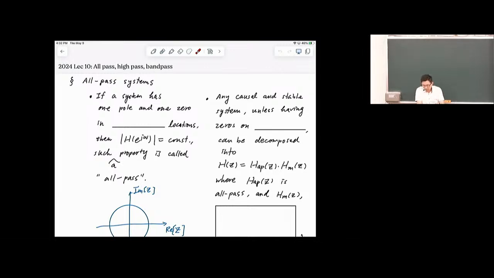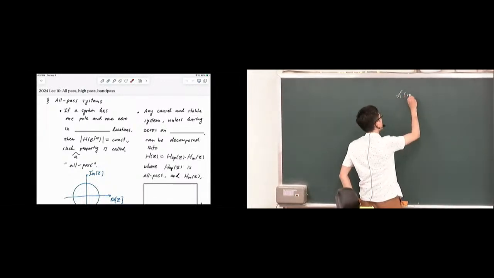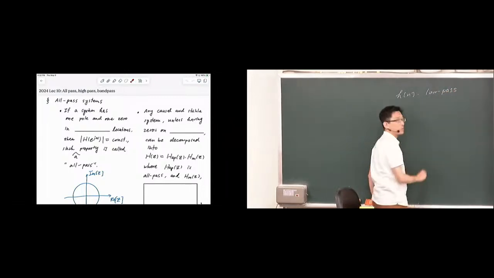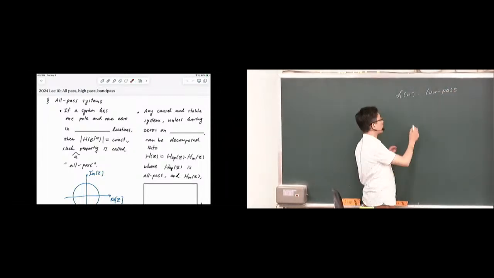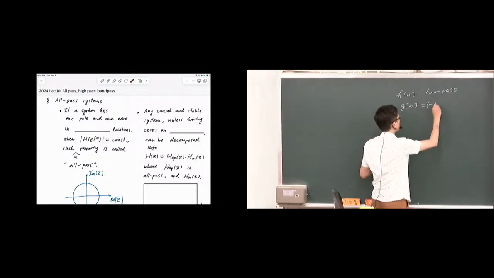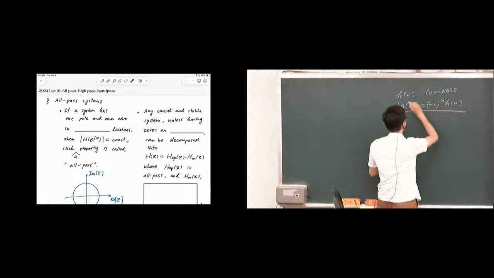For high pass, I want to share with you a very simple trick. Suppose that h of n is the impulse response of a low pass filter. Then we simply define g of n to be minus 1 to the nth power times h of n, and this will give you a high-pass filter.